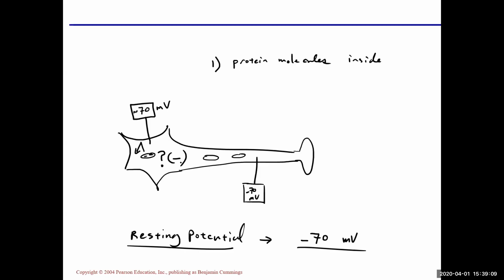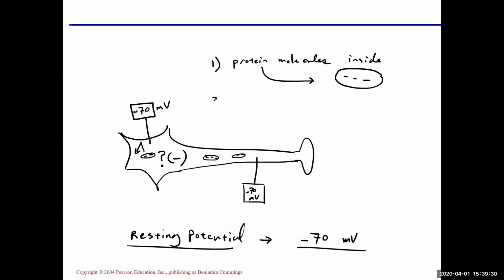These proteins are negatively charged. So proteins inside of the neurons are negatively charged. Again, it's a chain of amino acids, and some of the amino acids have a negative charge on them, so therefore the protein is going to be negatively charged.